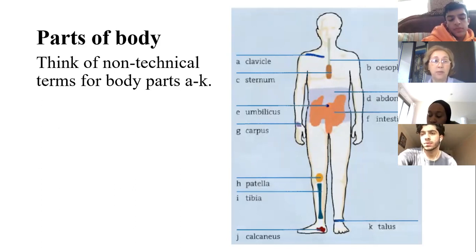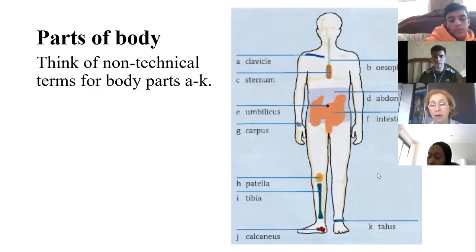And the doctors in the conversation with the patient should use non-technical terms, but common words related to parts of the body. Can you think of the common names of the parts of the body that are shown on this diagram?